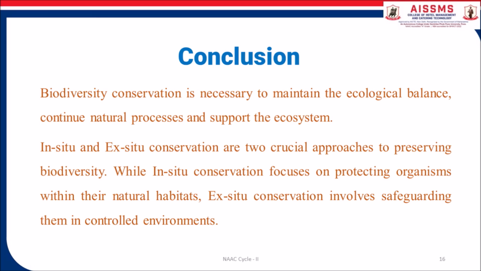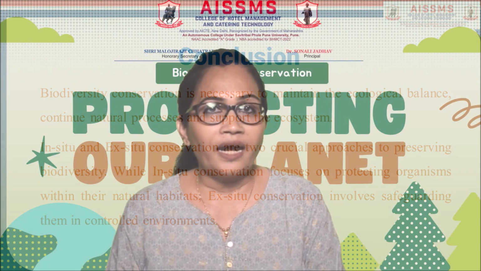While in situ conservation focuses on protecting organisms within their natural habitat, ex situ conservation involves safeguarding them in a controlled environment, and it has a practical approach to protect rare and endangered species. Both methods aim to safeguard species but through different means, highlighting the importance of employing diverse strategies to ensure the survival of Earth's diverse ecosystems and species.